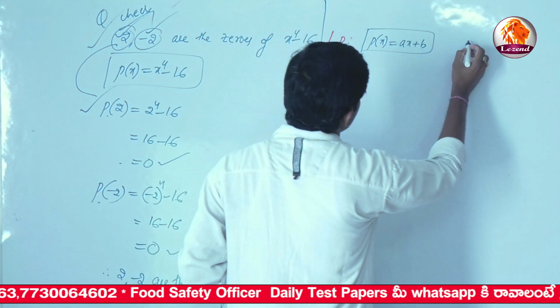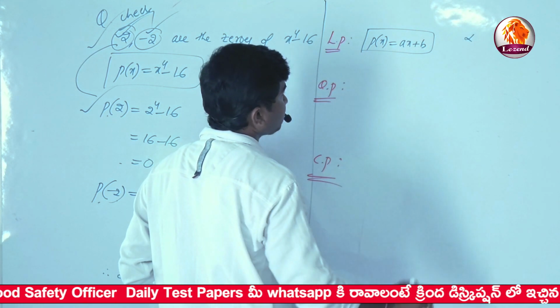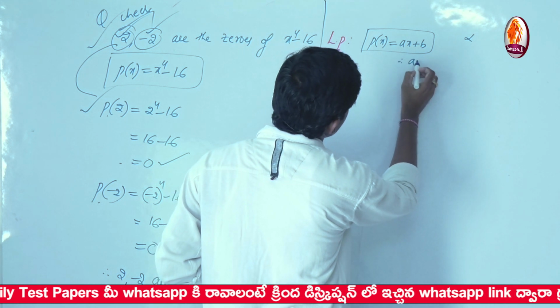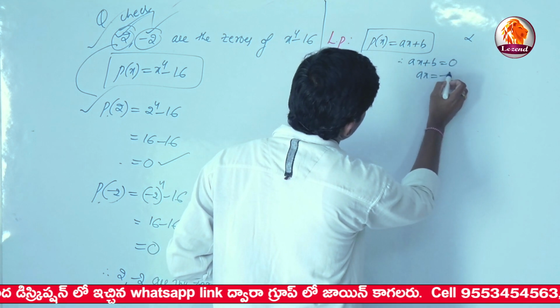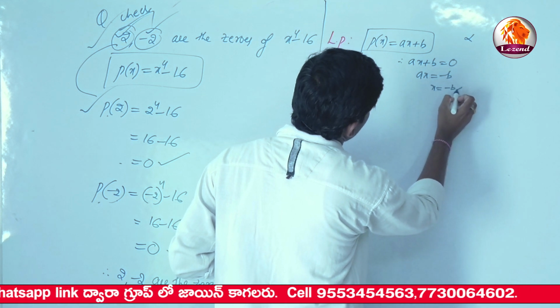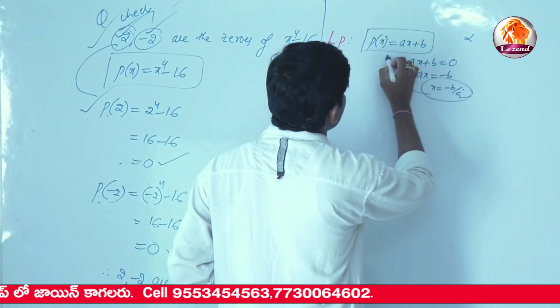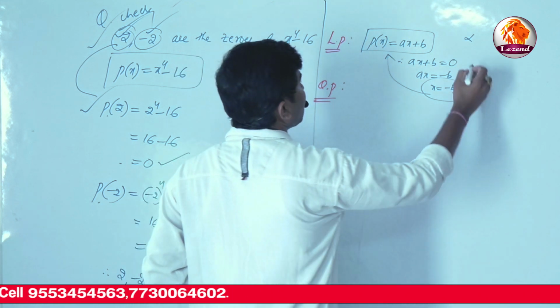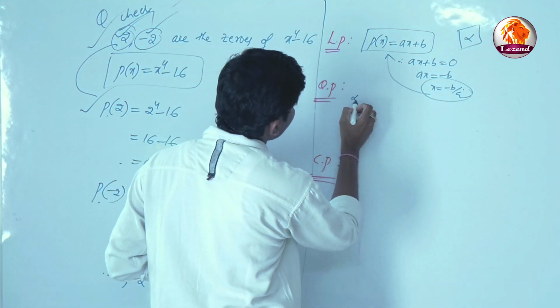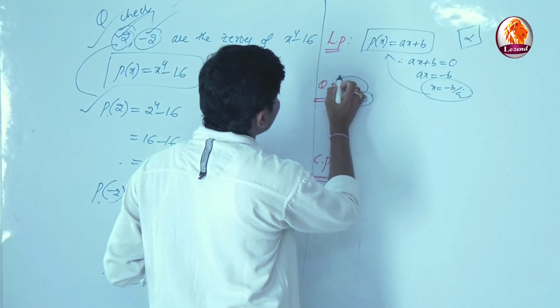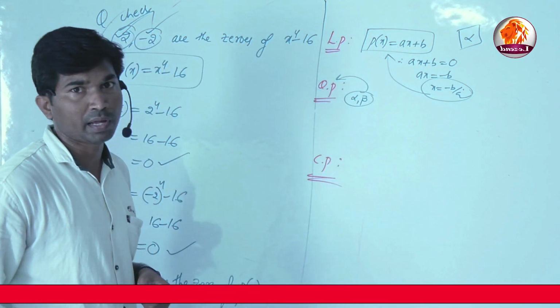In this case we definitely get a single root: ax plus b is equal to 0, ax is equal to minus b, x is equal to minus b by a. This is the one solution of the LP, alpha, one root. In a QP, alpha and beta are the two roots of the given quadratic polynomial.